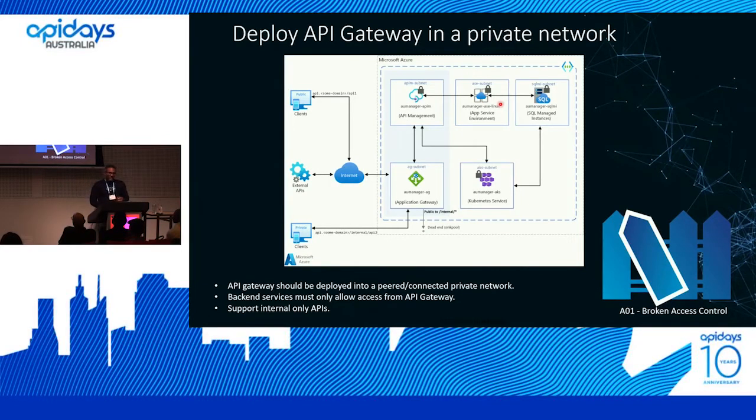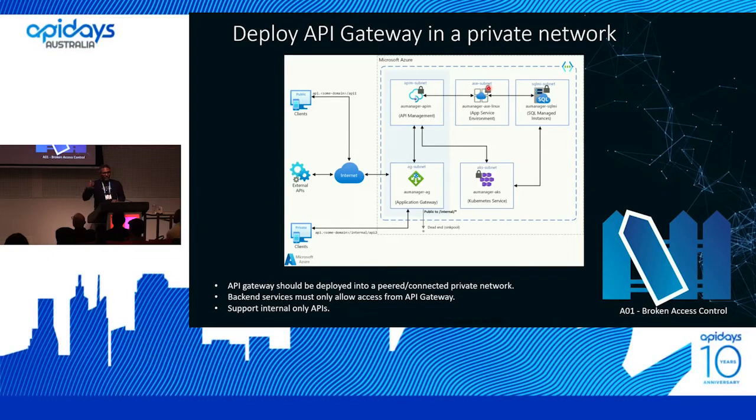So my advice is, when you deploy an API gateway, make sure it's deployed privately, because that would save you a lot of pain if you started publicly and now you have the requirement to make it private. The other advice is make sure your backend system is not just putting something behind an API gateway.